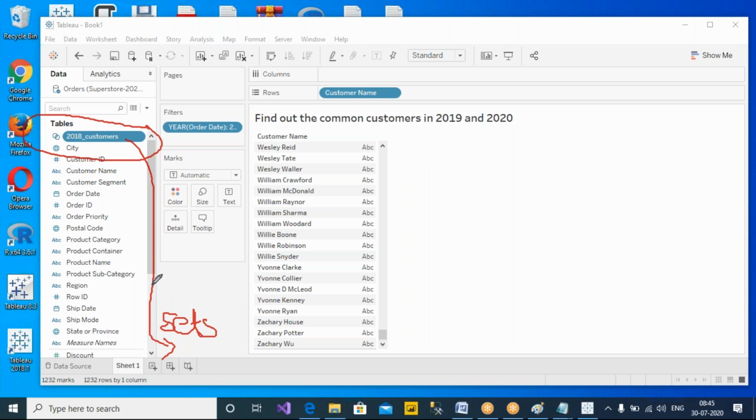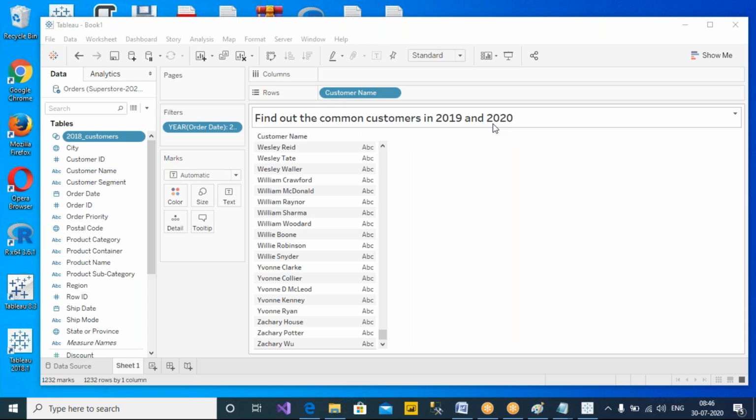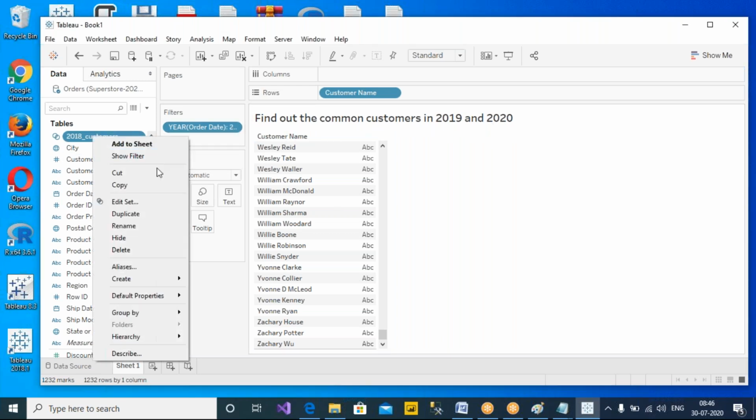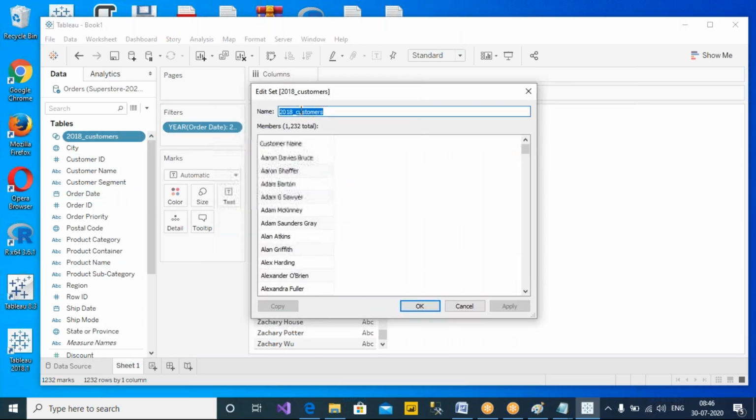Right? So it is not created under a new pane. All right, now let's create another set with the year 2019. Okay, this is not 18, sorry. So this is 2019.